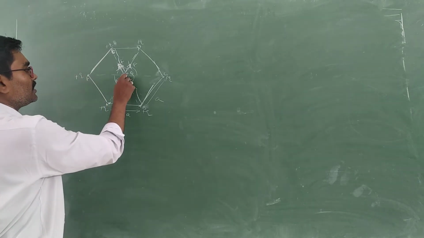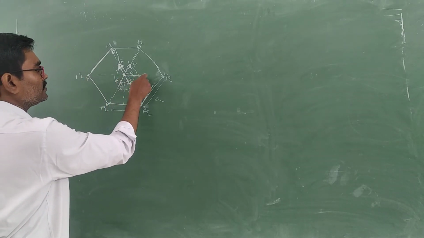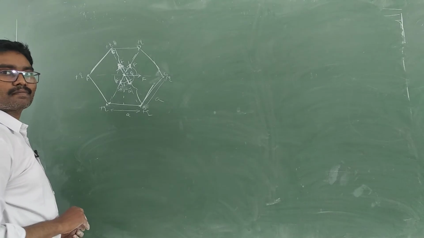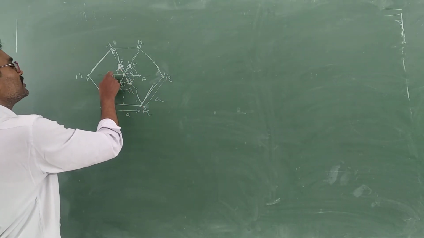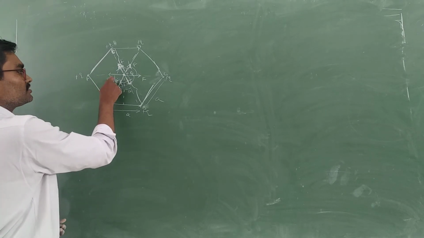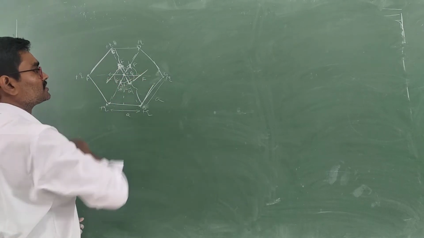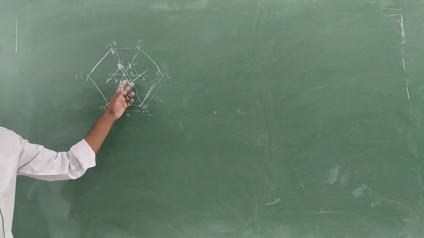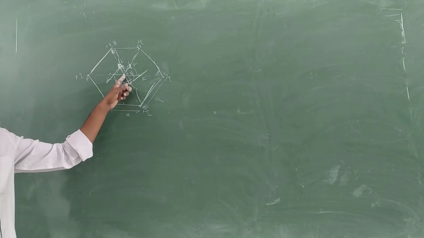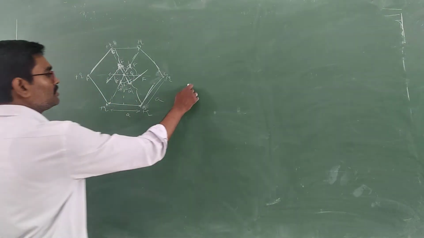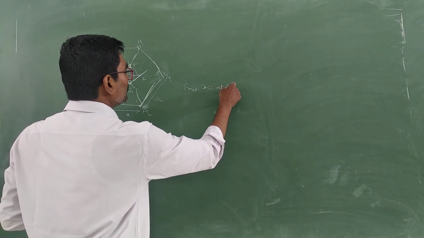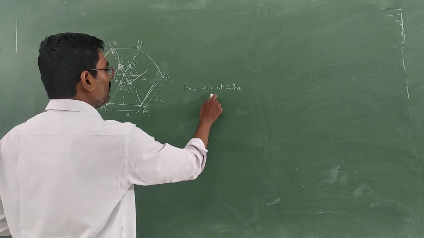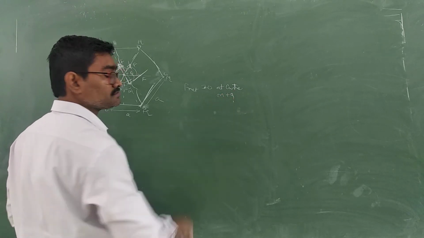This charge will exert force to move in this way, and this charge will also exert the same force in the opposite direction. So this and this also get cancelled. So what is the net force acting on the charge placed at the center? 0. So F net is equal to 0 at the center, that is on the plus Q charge.